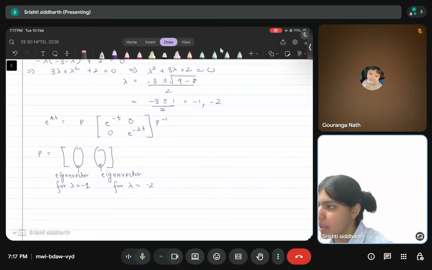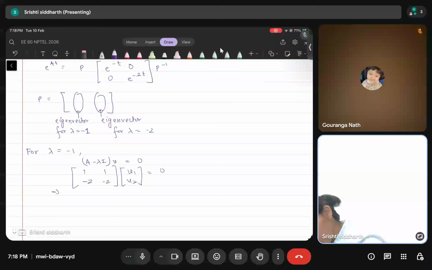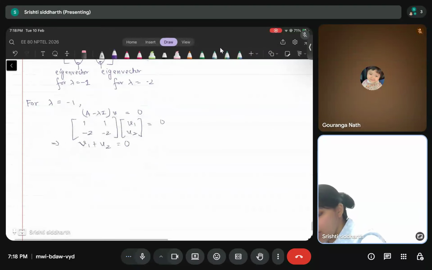So let's compute these. A minus lambda I, which is [1, 1; minus 2, minus 2], times a vector equals 0. So this has only one equation, which is v1 plus v2 equals 0. So choosing v1 to be 1, we have 1, minus 1.